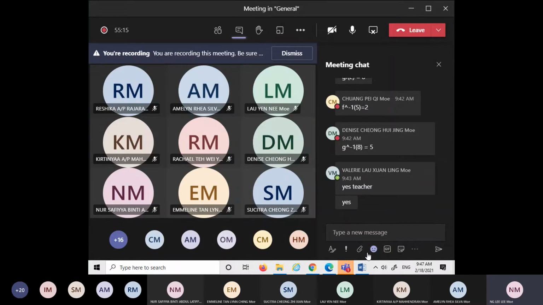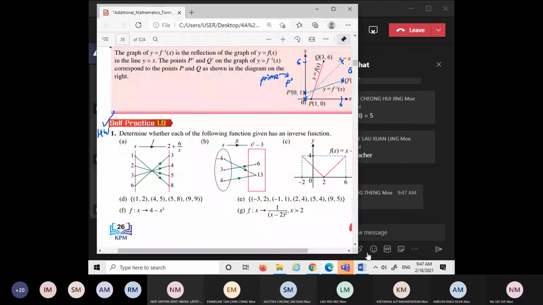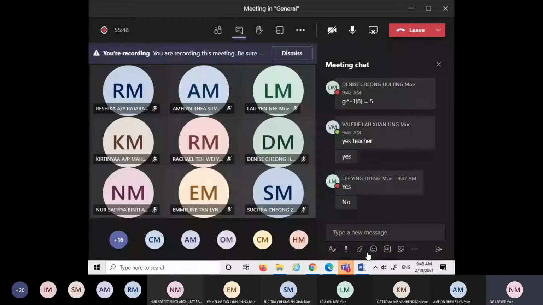Ying Ting, can you do B? Does this function have an inverse function or not? Okay, no. Why?